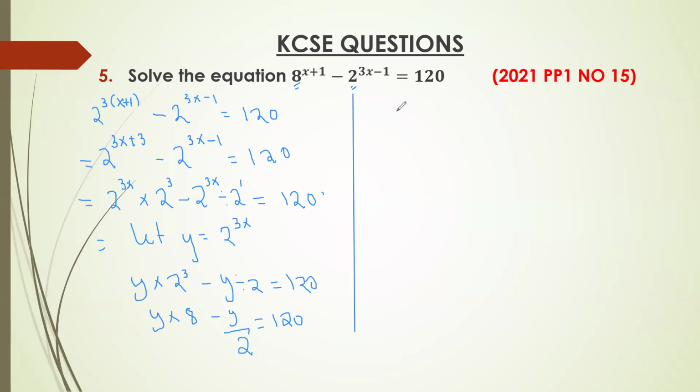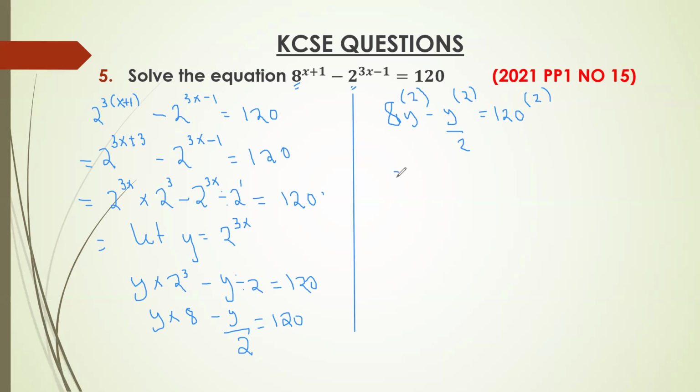So y times 8 ni 8y, so minus y over 2 equal to 120. So let's multiply by 2 all sides. Multiply by 2 ndo tutoe hii 2 hapa chini.